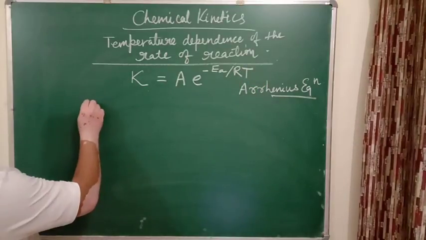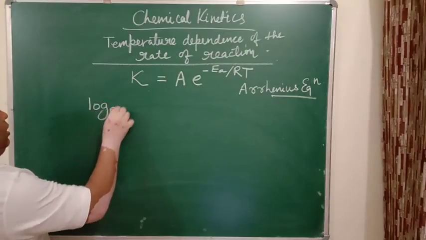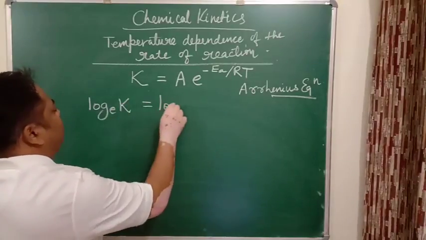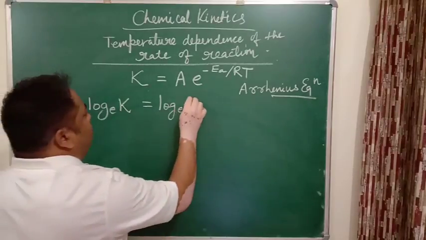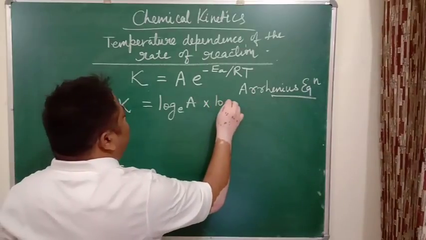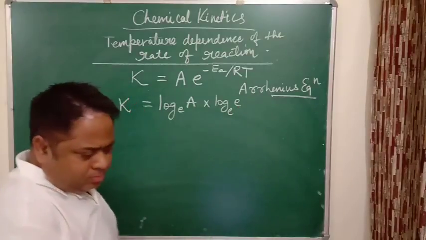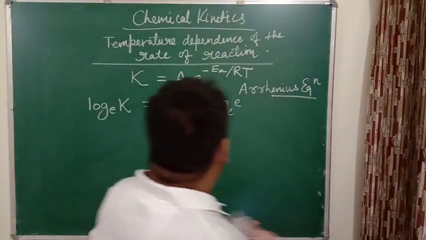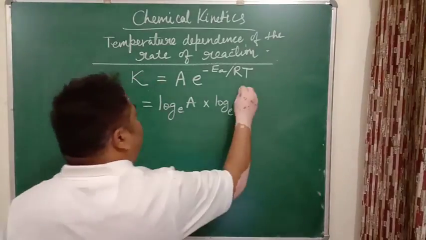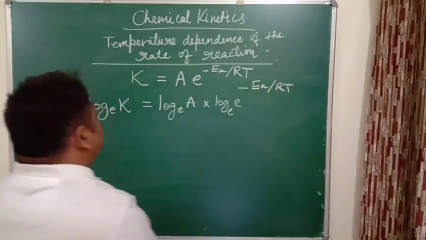So we will take the log: log k is equal to log A plus log e to the power minus activation energy by RT.